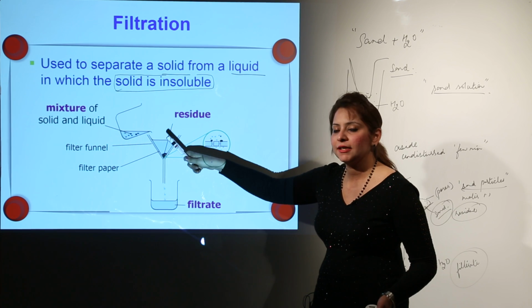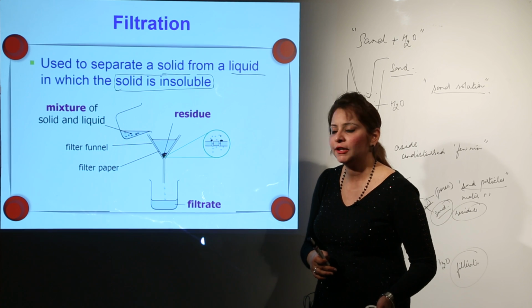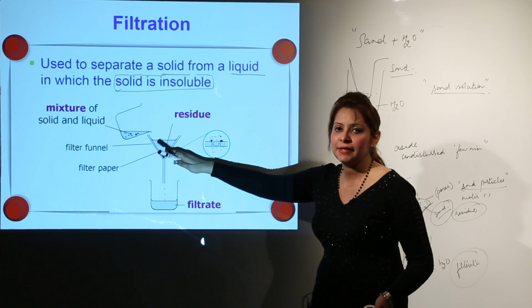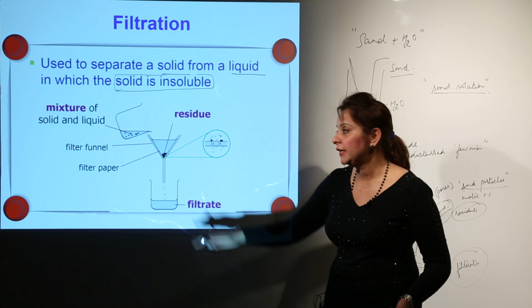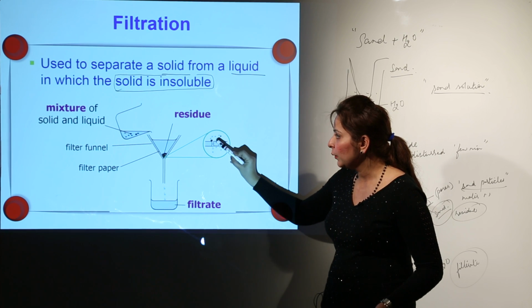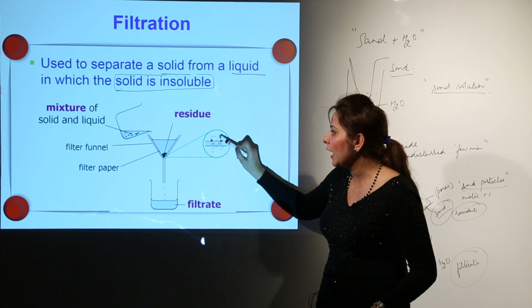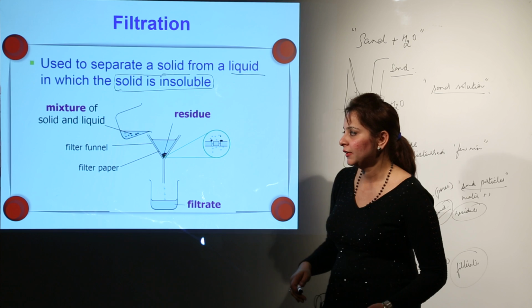It allows the smaller particles of liquid to pass through, and the larger size particles stay behind, because they cannot pass through the minute pores of the filter paper. So they just stick to it. These blue ones, the water molecules, can pass, and these black ones cannot pass because they are bigger in size, so they stay behind, right?